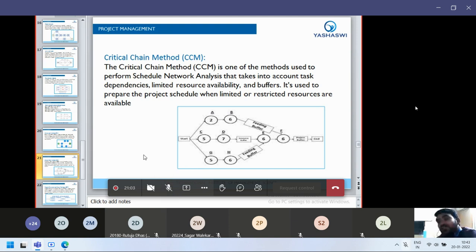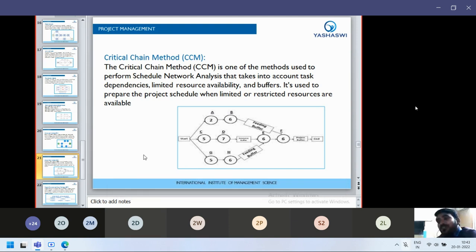The same processes of our estimations, but they consider that the availability of resources is limited or restricted, which comes under critical chain method. It is one of the methods used to perform schedule network analysis that takes into account task dependencies, limited resource availability, and buffers, which is used to prepare the project schedule when limited resources are available.